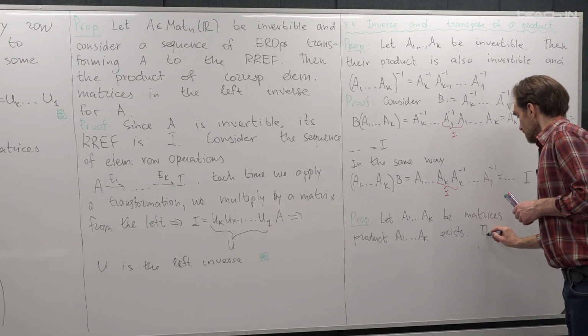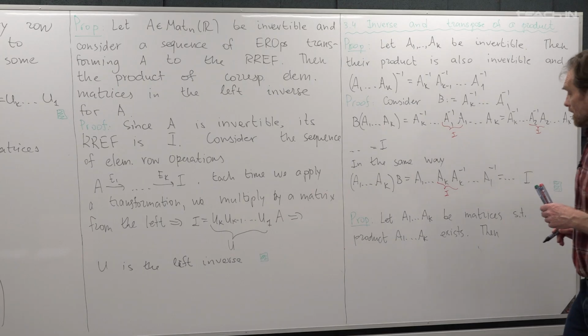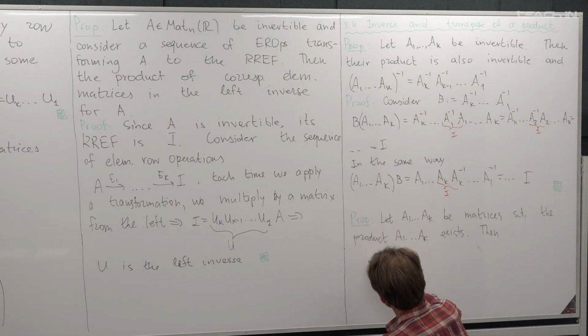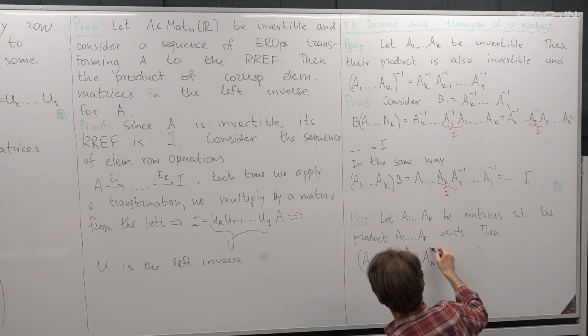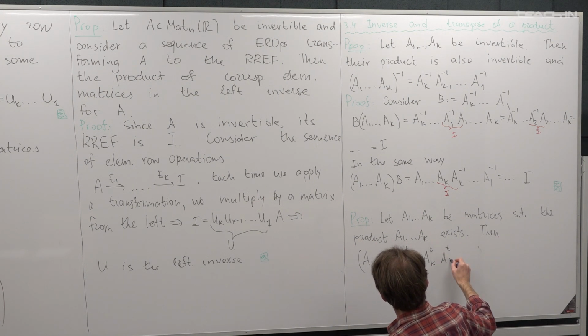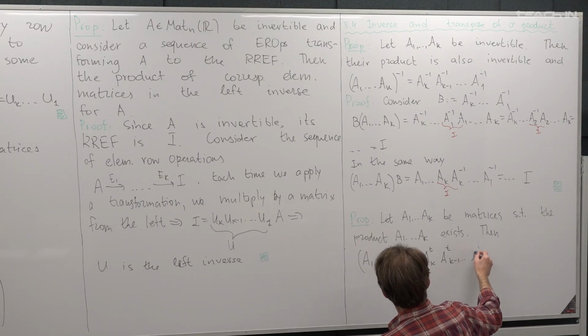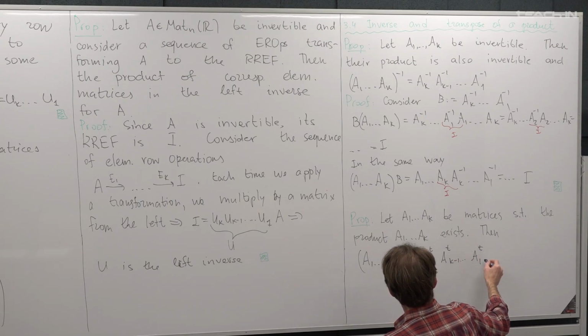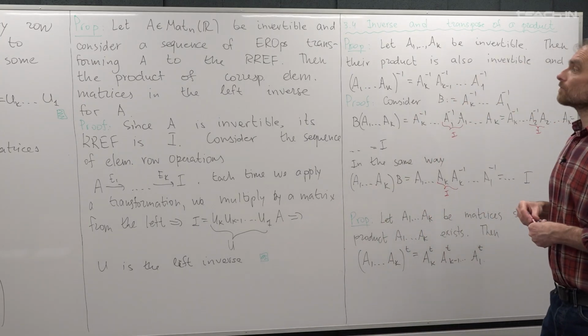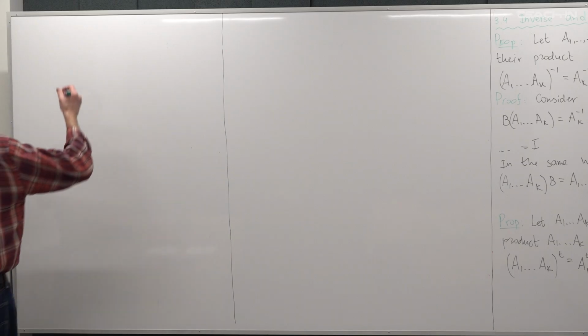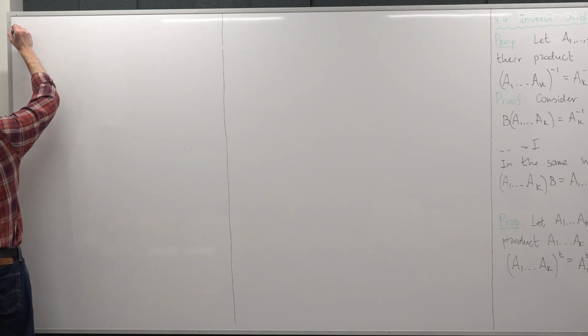So then the transpose of the product of all these matrices is equal to the product of the transposes, but in the reverse order. So this is what I'm going to prove. So let us prove this proposition.